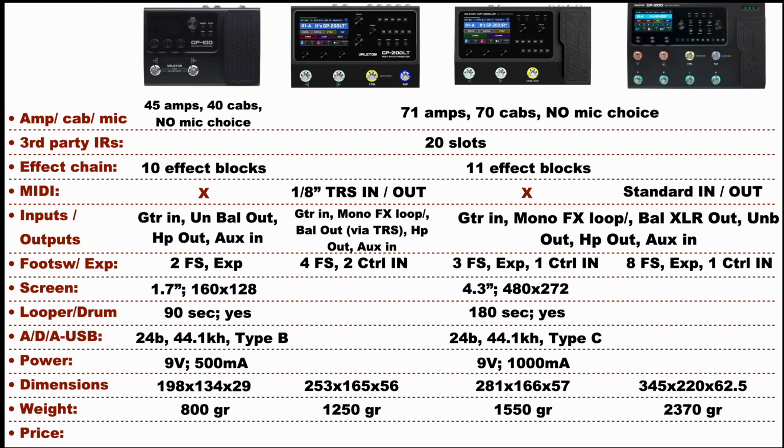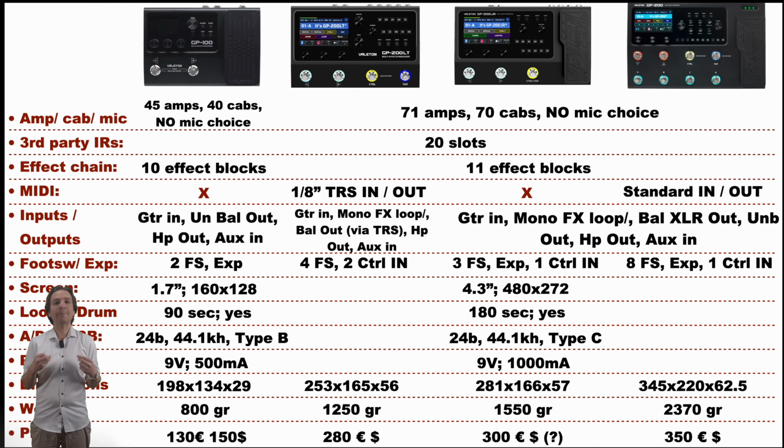It is interesting to notice that the LT is smaller and lighter compared to the JR. And finally, the price. Here I would say that the price difference between the LT and the JR is really small, but also the price gap with the regular GP200 is pretty narrow.